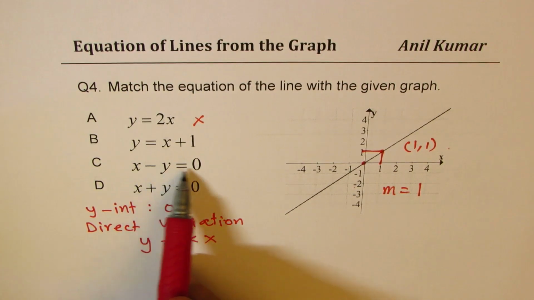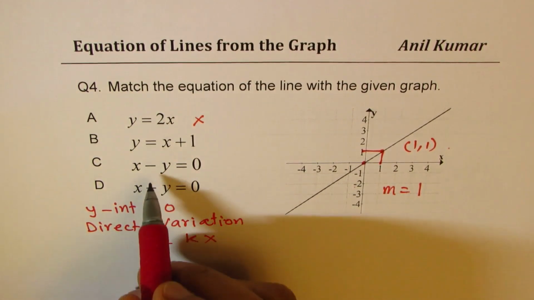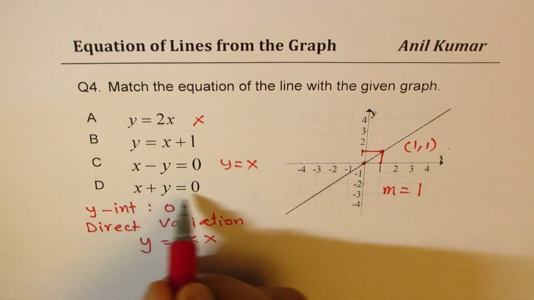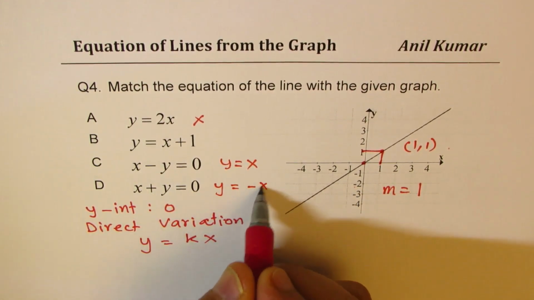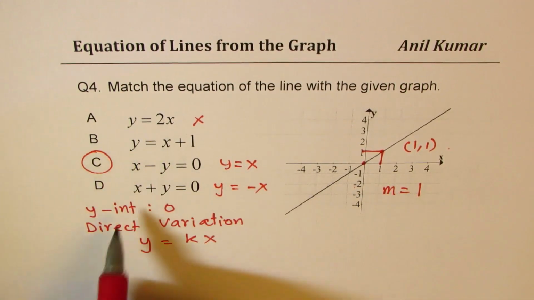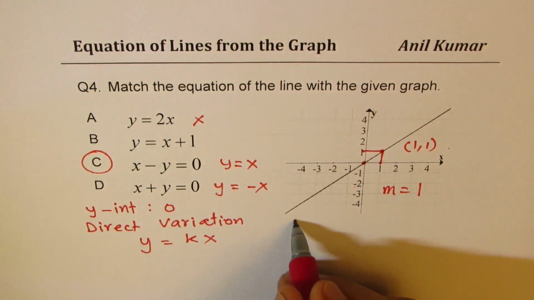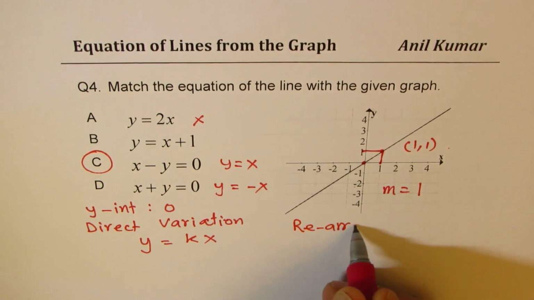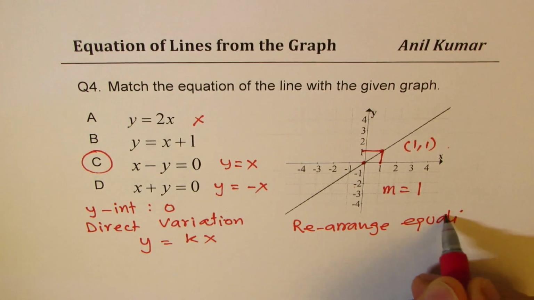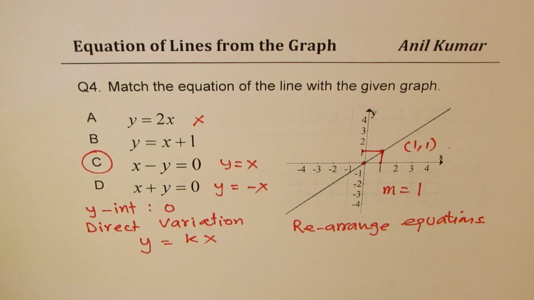So we could rearrange these equations. This equation will give us y equals x, and that will give us y equals minus x. Clearly, y equals x is the right option. So rearrange equations to get the answer. That could be another strategy for you.